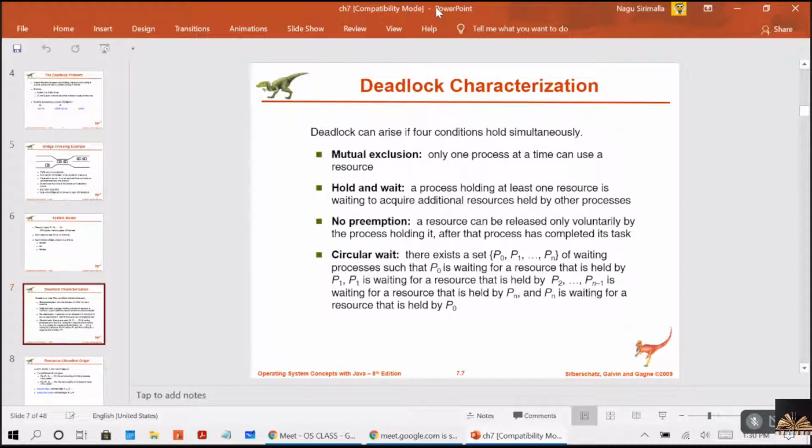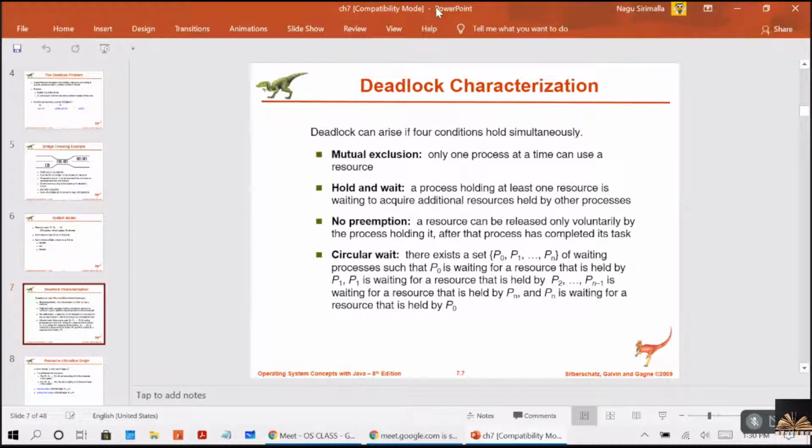That way Pn minus 1 is waiting for the resource held by Pn and Pn is waiting for a resource that is held by P0. This situation is called circular wait, right? A set of waiting processes must exist such that P0 is waiting for P1. That way, if this is there, then we can call that situation circular wait, right?